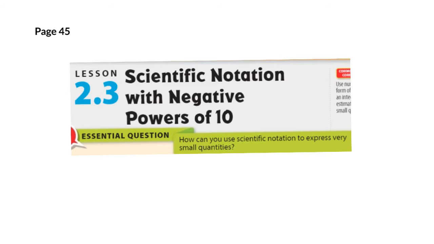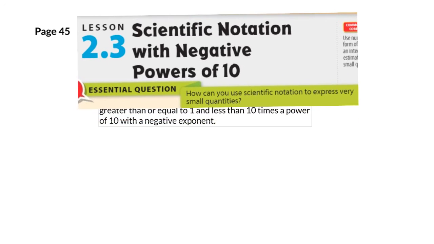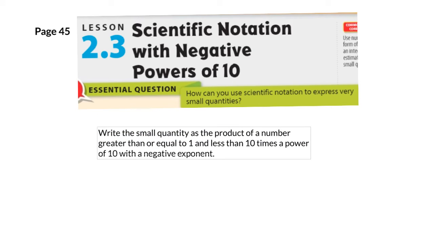And just like we did with the large ones, we can find the answer. Write the small quantity as a product of a number greater than or equal to 1 and less than 10 times a power of 10 with a negative exponent. So our problems here will look something like this: 2.5 times 10 to a negative power.